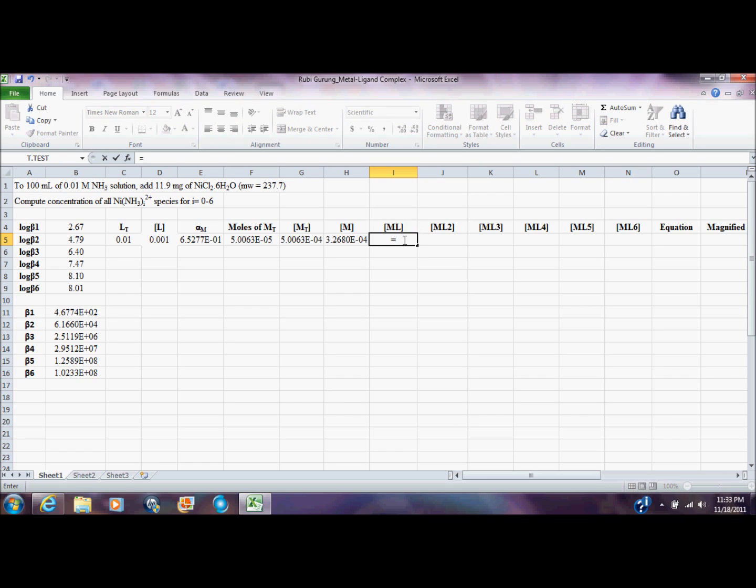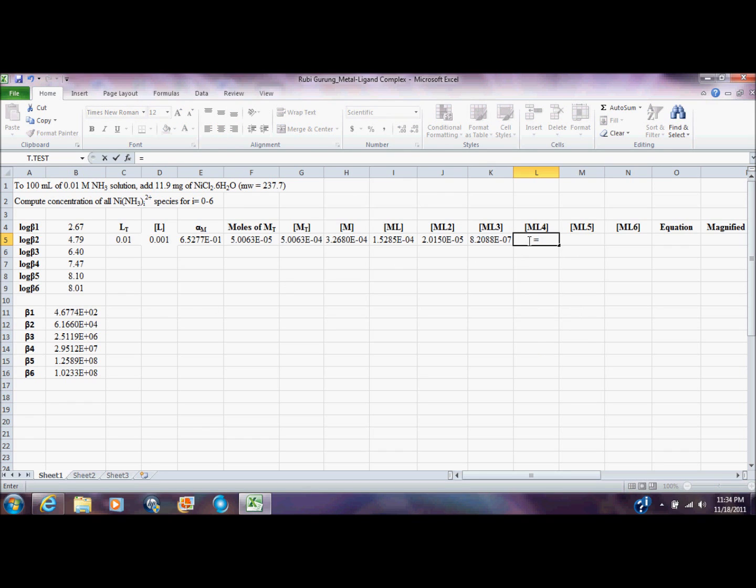For the ML, it is equal to beta 1 times M times L. ML2 will be equal to beta 2 times M times L raised to the power 2. ML3 will be equal to beta 3 times M times L raised to the power 3.